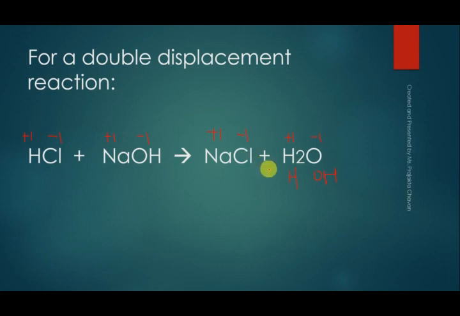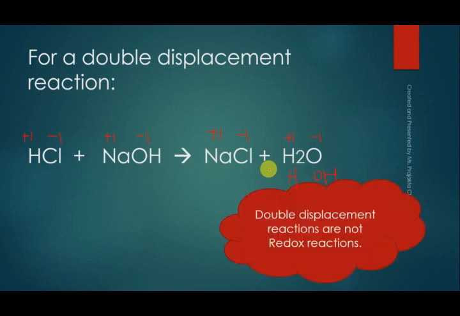So basically what is happening in a double displacement reaction is that there is neither an increase in the charge nor a decrease in the charge, and hence as there is no increase or decrease in the charges, we say that double displacement reactions are not an example of redox reactions.